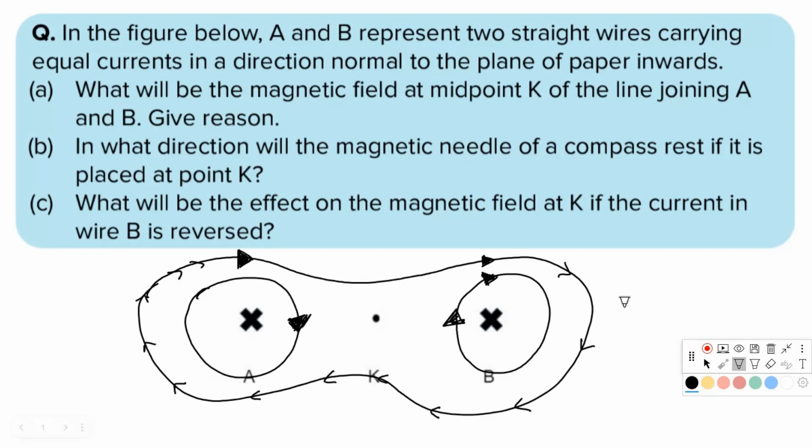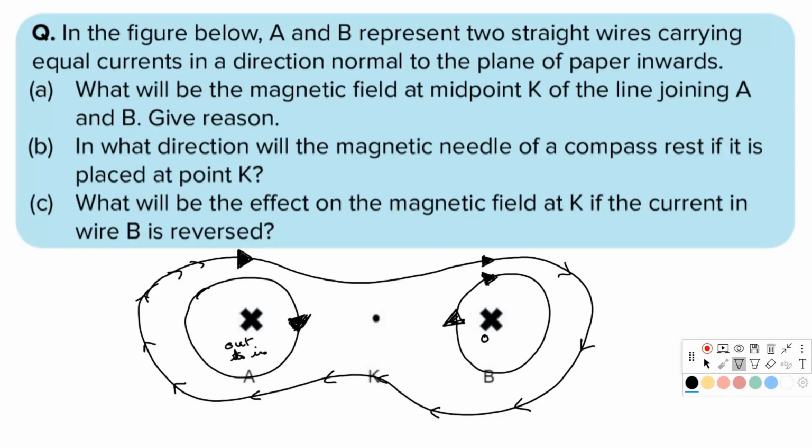So for two straight current carrying conductors, if they are placed at some distance from each other, at the midpoint or between the conductors, the field strength will depend upon the direction of current. So current direction for A and B is top to bottom, means what? Out to in.